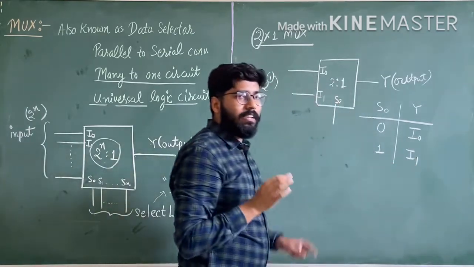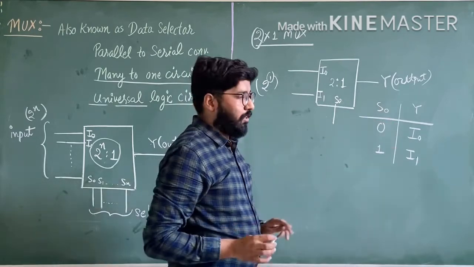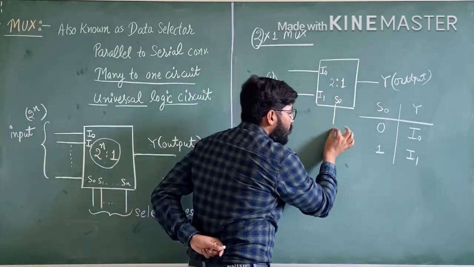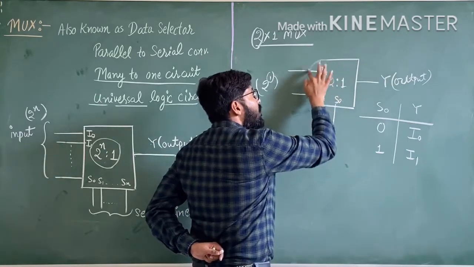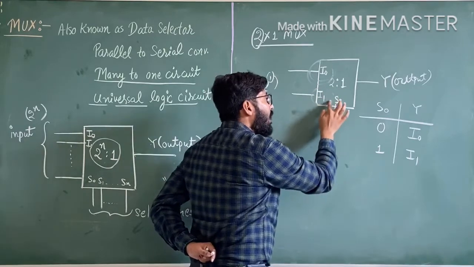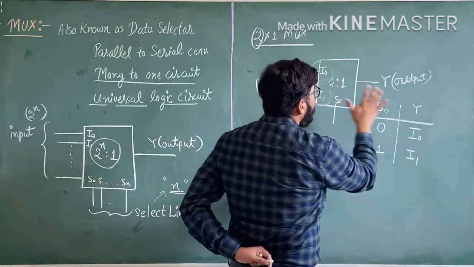This is the condition of the select line by which we get the output. You have to remember one point: if S is 0, the multiplexer passes only I0, and if S is 1, the multiplexer passes only I1. These are the outcomes of the 2 cross 1 multiplexer.